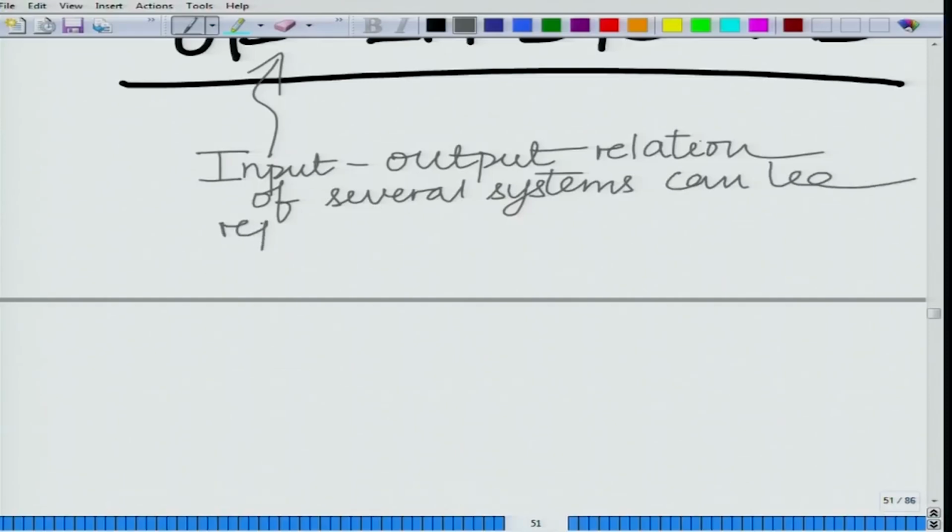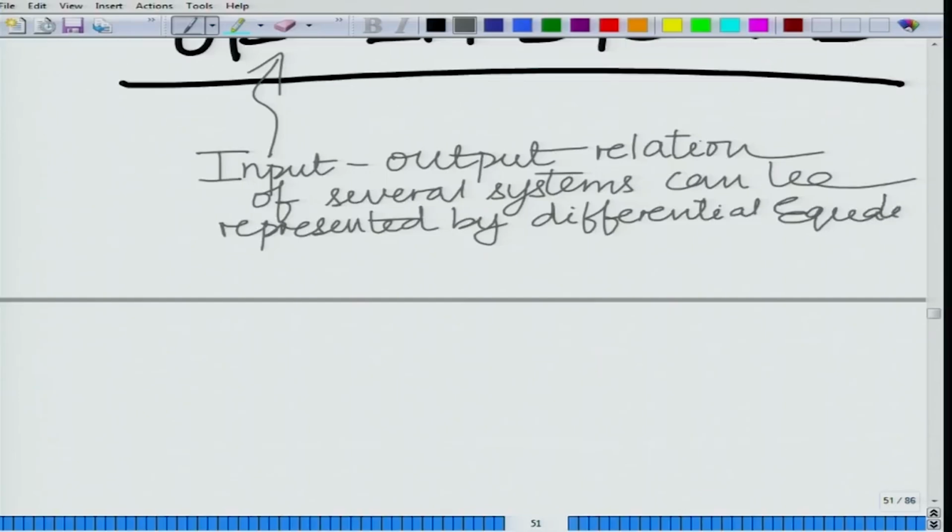Can be represented by a differential equation.